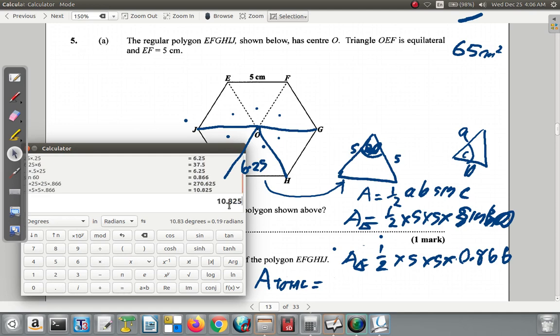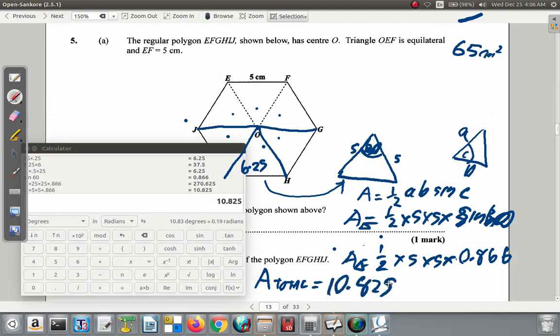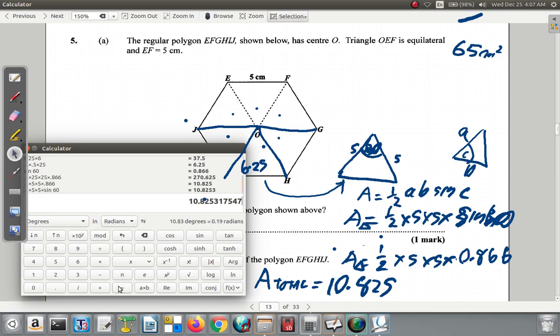and you would get 10.825. If you want it exact, not necessarily, but if you want it exact, what you could do is say half by 5 by 5 by, instead of writing the 0.866, just get the full figure, sine of 60, and you get 10.8253 something another.